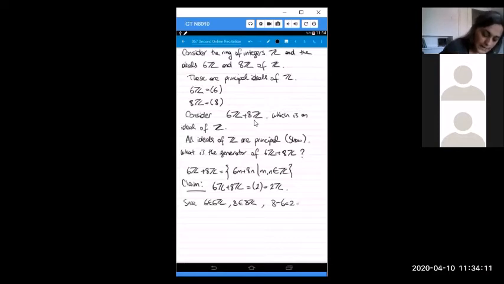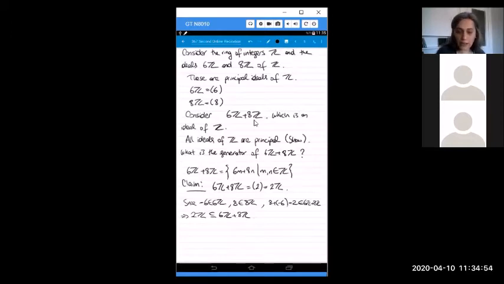Instead of 6 minus 8, let me write this one: minus 6 lies in 6Z. So 8 plus (minus 6) is equal to 2 and lies in our ideal, 6Z plus 8Z, right? So 2 lies in our ideal, which means that the ideal generated by 2 lies in our ideal. So 2Z lies in 6Z plus 8Z. Okay?